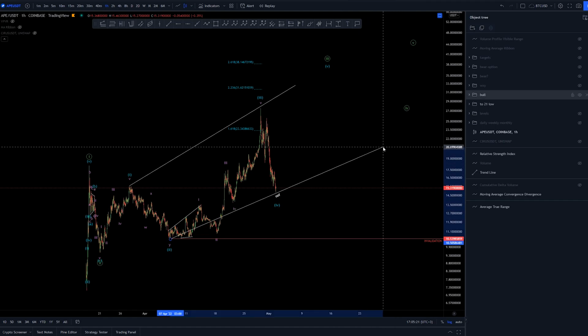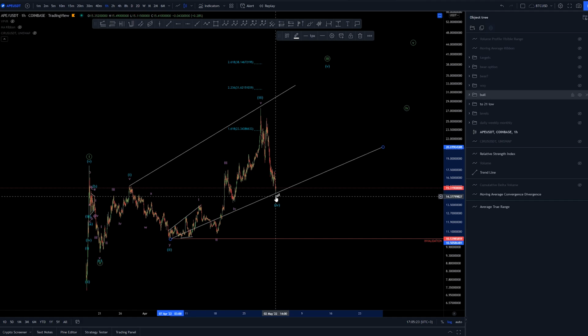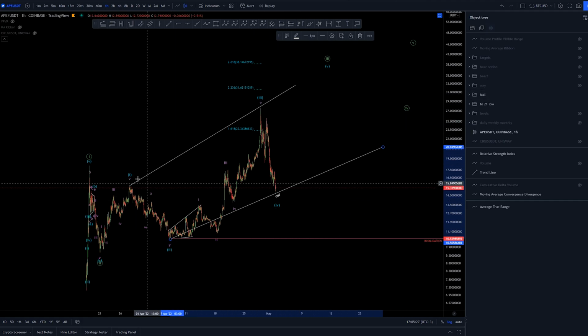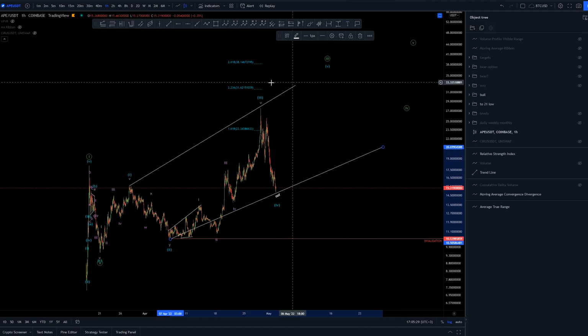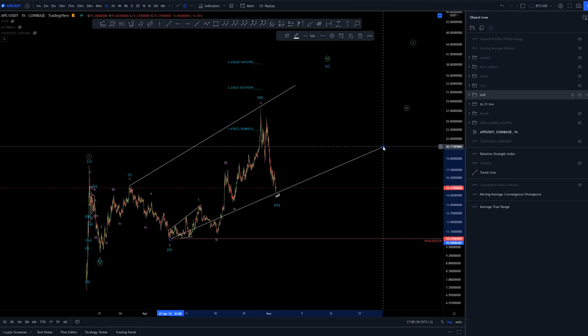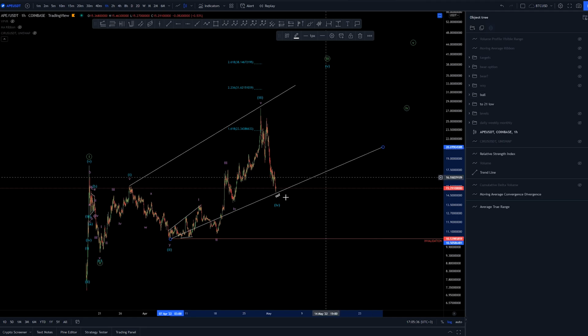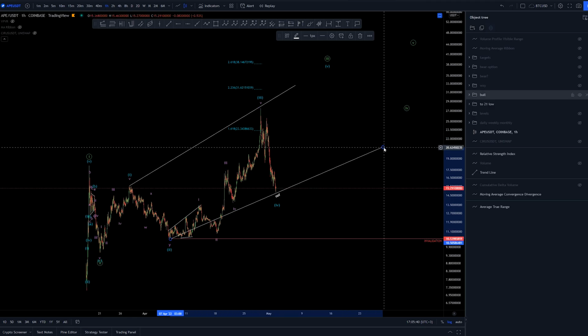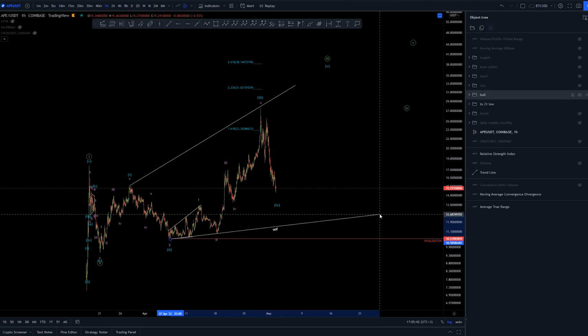Now it is already possible for the wave 4 to end here. There are no rules broken. It is larger than wave 2, so this is giving us the expanding diagonal. What I don't like about this is that the structure here is breaking this channel, or this diagonal, which is usually not happening.